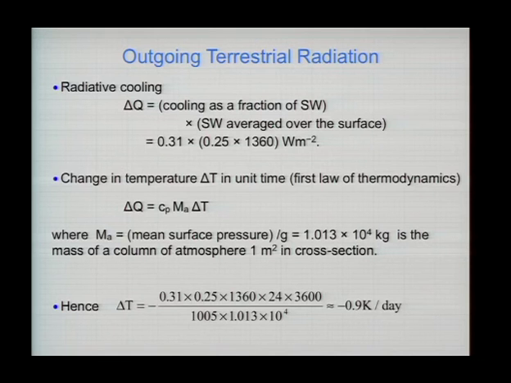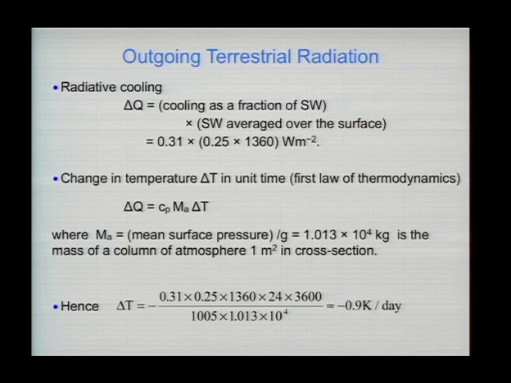F equals ma. The way you get this is you start with the hydrostatic balance and you integrate from the surface to some height. Anyway, the mass of the column is the mean surface pressure divided by g, and there's what it is.